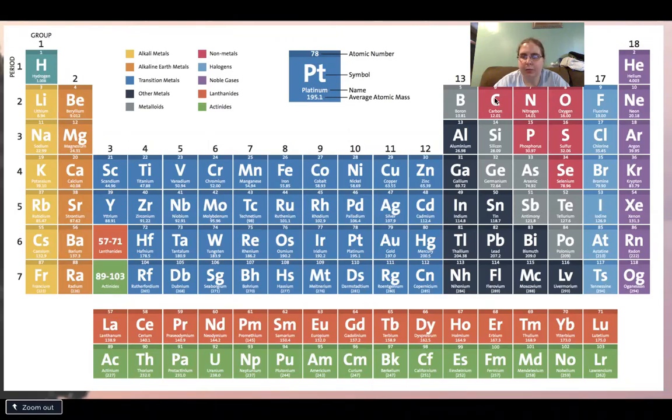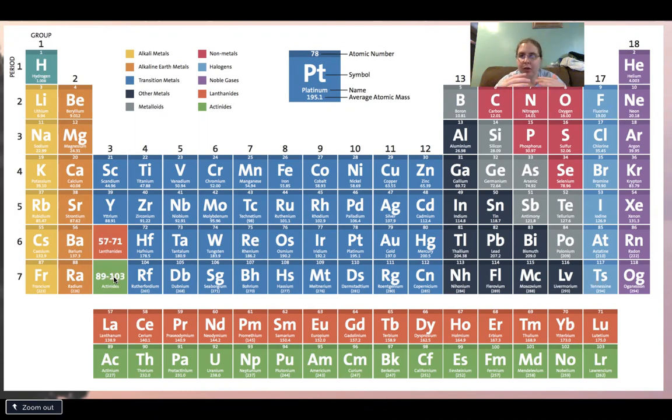Here, a kind of reddish color, we have the nonmetals, then we have the halogens, and here we have the noble gases. Down here, if you notice, we have 57 through 71, and that would fit right here. We do call these the lanthanide series, and then underneath, 89 to 103 is the actinide series.